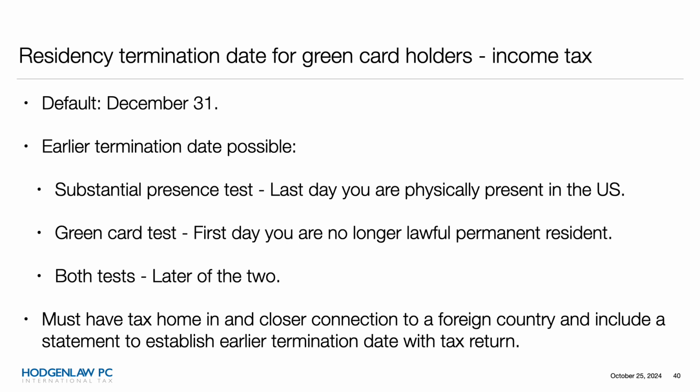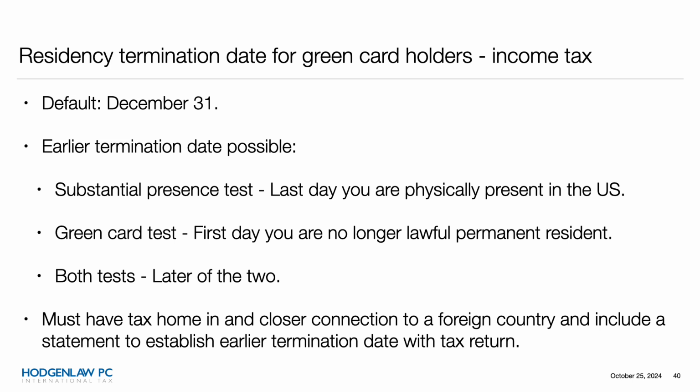Now, you know your expatriation date, but what's the residency termination date? That's the rule that applies for dividing your tax year for income tax purposes into the residency and non-resident periods. The default residency termination date is December 31st, but you may be eligible to use an earlier termination date.